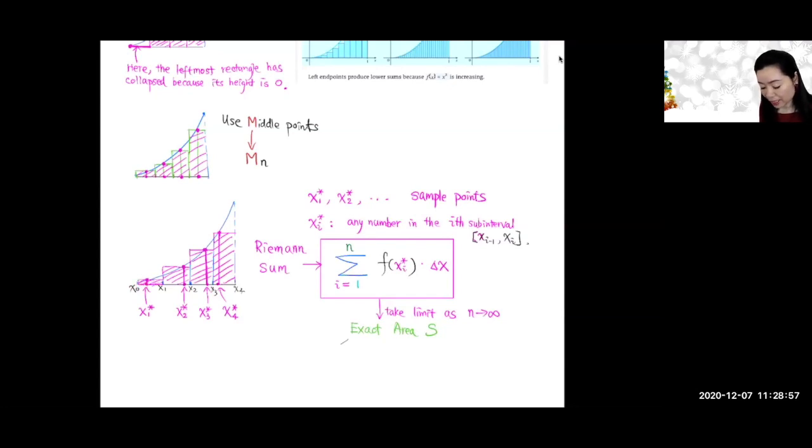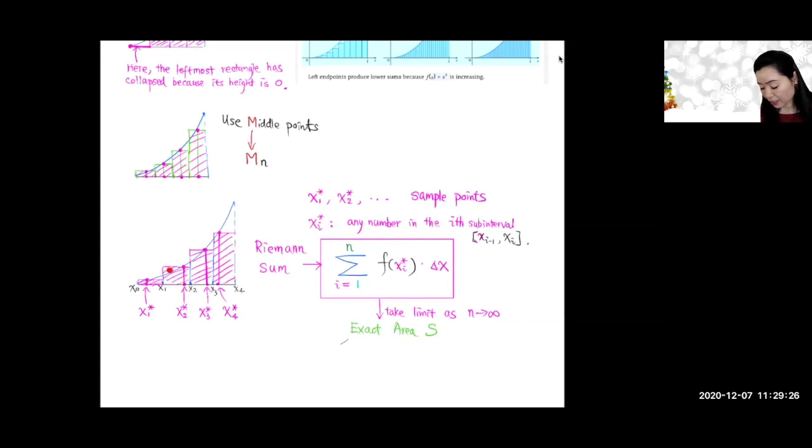We use the y coordinate at that point as the height, and multiply by the width, which is delta x. So f of xi star corresponds to the y coordinate at the sample point, and you multiply by the width delta x.